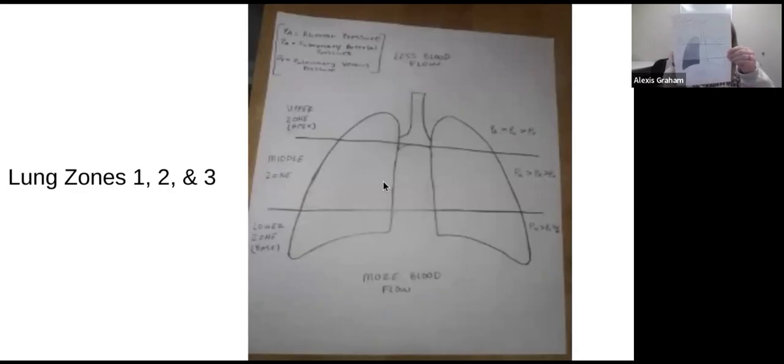If the pulmonary artery pressure is low, then the alveoli can compress the capillaries, limiting blood flow. In lung zone 2, the pulmonary artery pressure is greater than alveolar pressure, allowing blood to flow, but the pressure difference between the two determines the flow rate. In lung zone 3, both arterial and venous pressures are greater than alveolar pressure, resulting in the highest blood flow in the lungs.